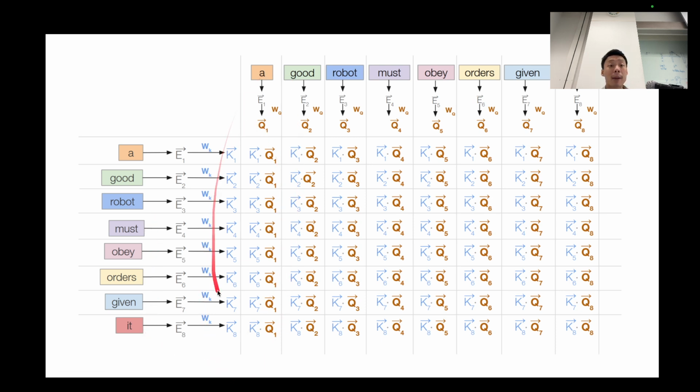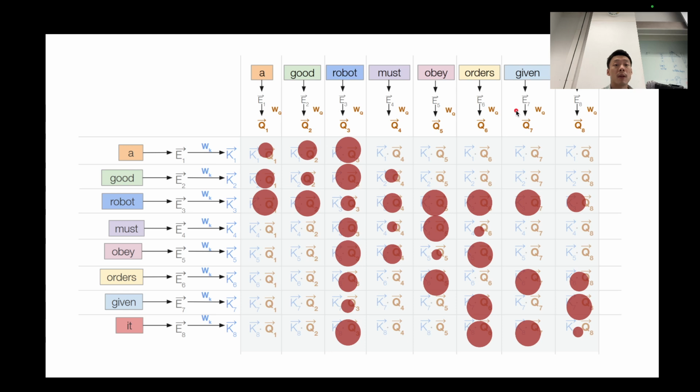So you have to do all combinations of that product. In real computation, you convert all the embeddings into query vectors, and you convert all the embeddings into key vectors, and then you multiply them so that you get all the pairs, all the cosine similarity pairs. And you might get something like this.